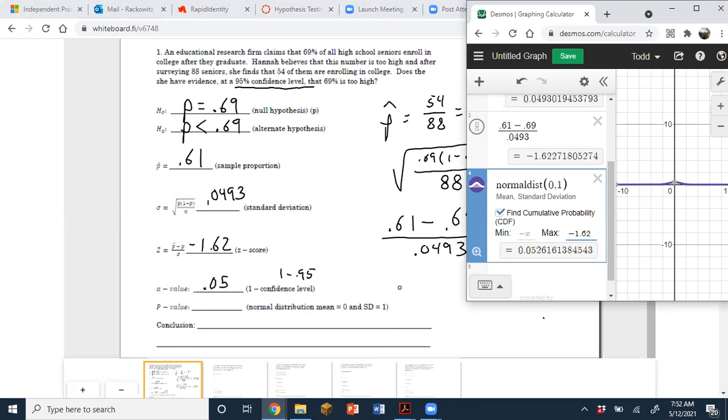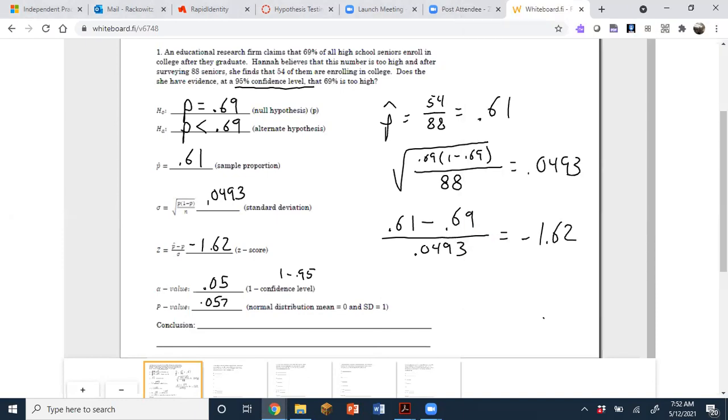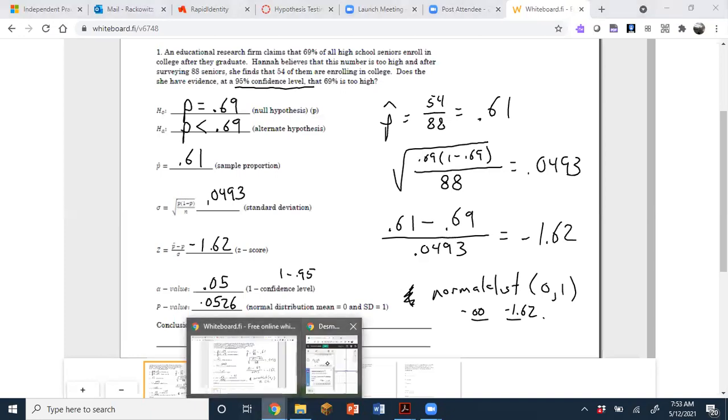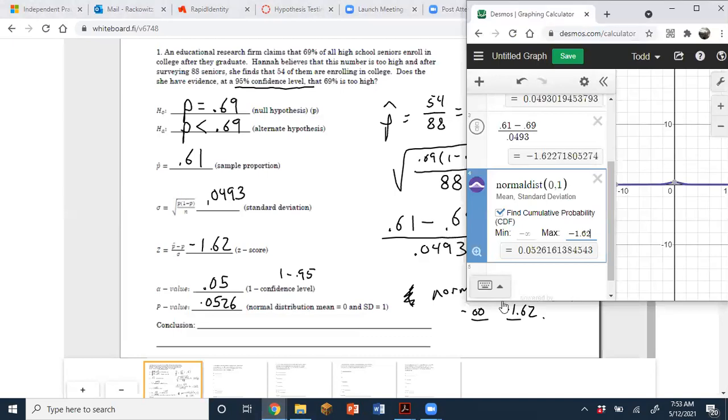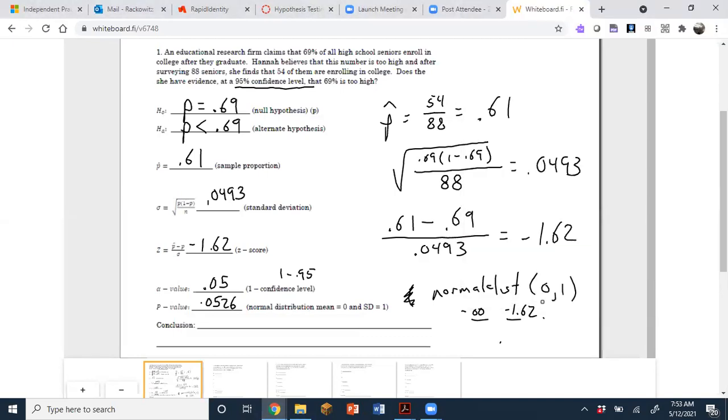So this p-value, 0.0526, comes from doing normal distribution 0, 1, and negative 1.62. That's negative infinity. You leave negative infinity in your left and your lower end.